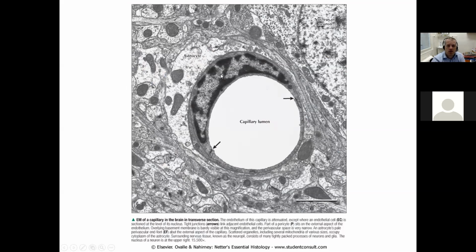This is the nucleus of the endothelial cell, and this is the foot of the astrocyte. This is the pedicle of the astrocyte, and here is the neuron. Of course, it's 3D, so you can see only a section through it, but there are definitely some layers between the capillary lumen and the neuron.